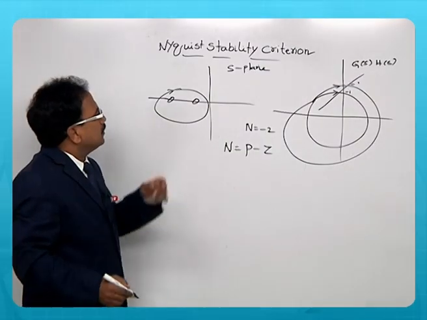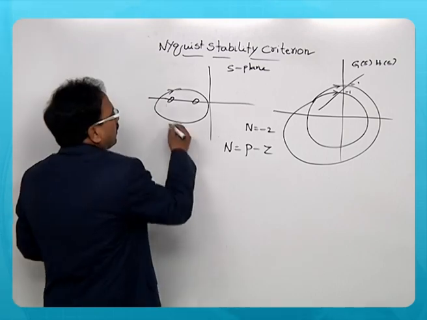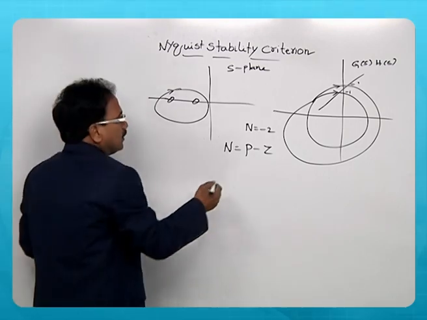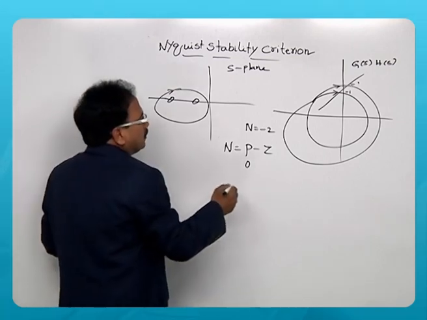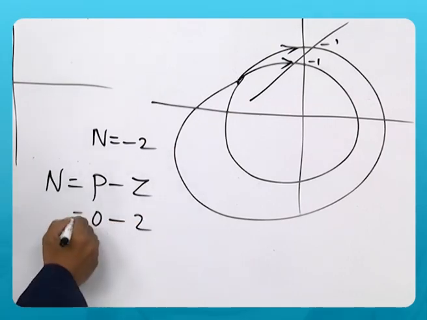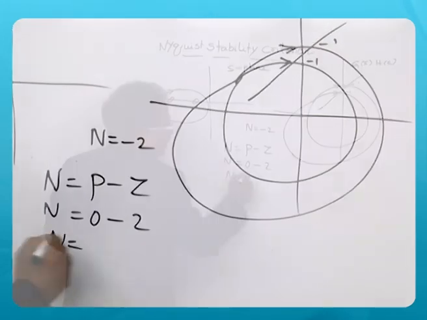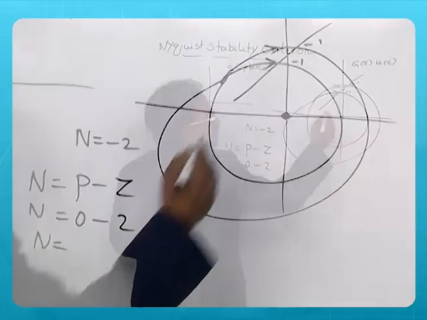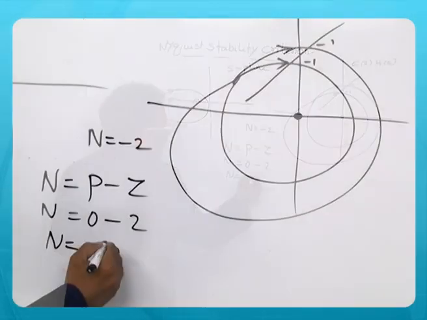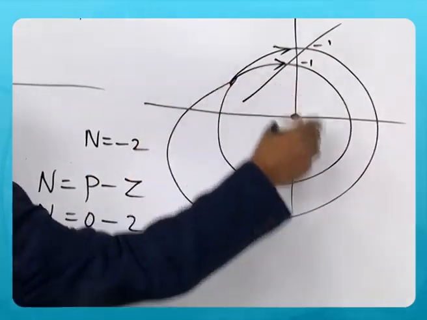In this case there are two zeros and no poles covered by the closed path, so p is 0 and there are two zeros, so it is minus 2. So n, the number of encirclements around the origin, is minus 2 because it is in the clockwise direction.